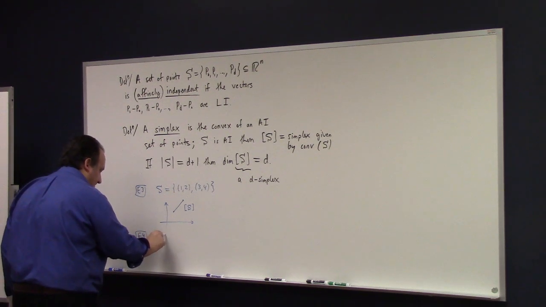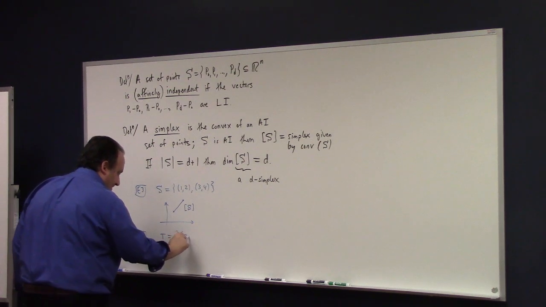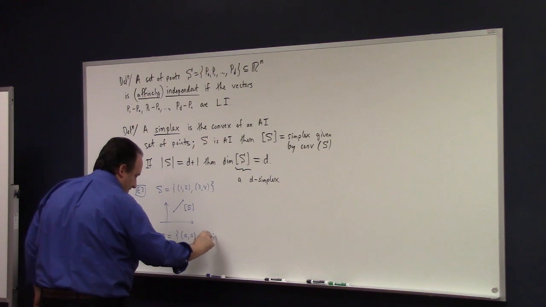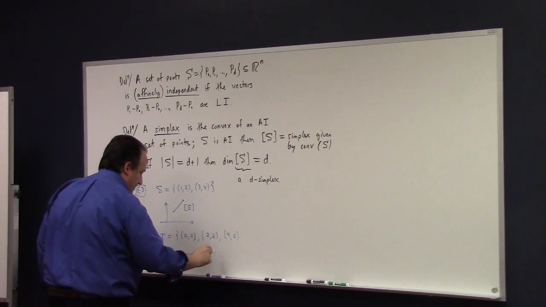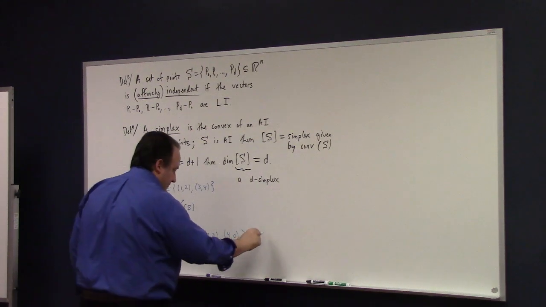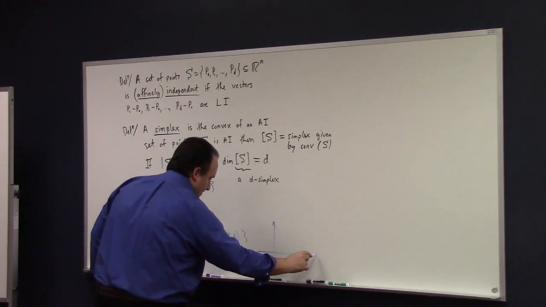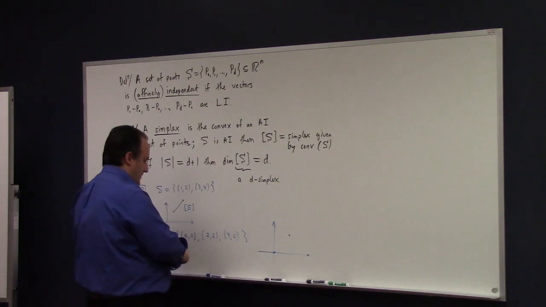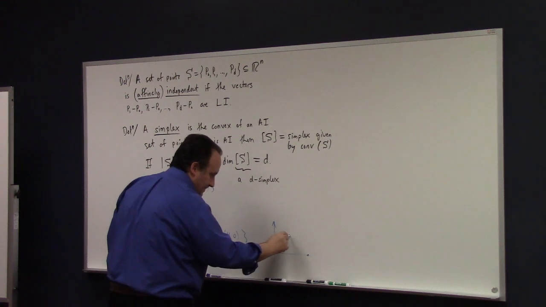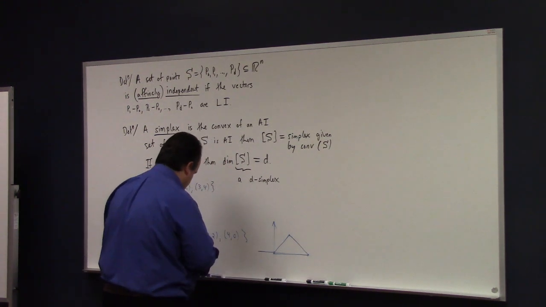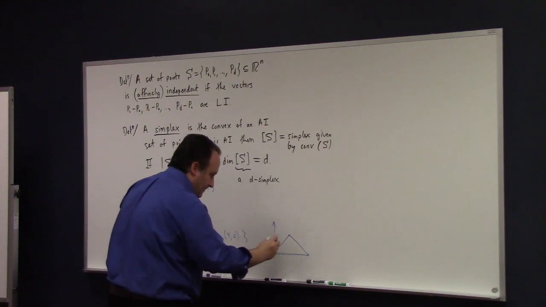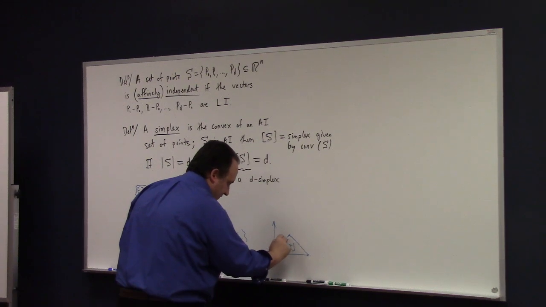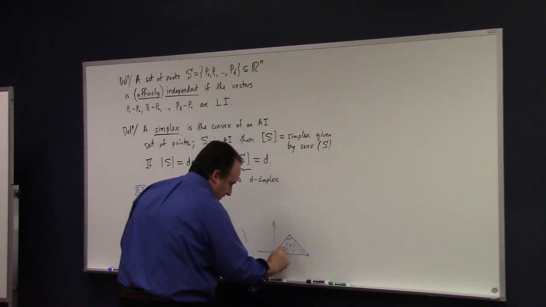If I had three points, then the simplex is the triangle and all these points as well, the convex hull of these 3 points.